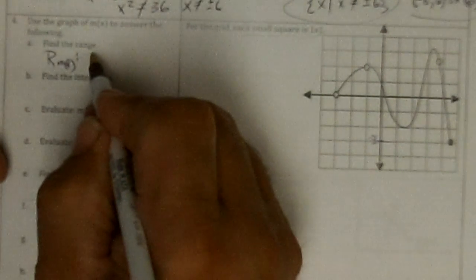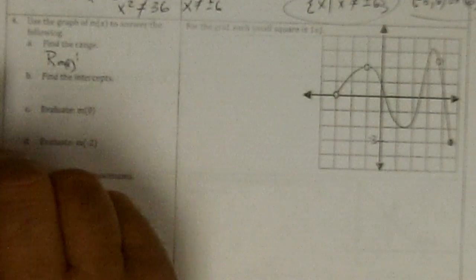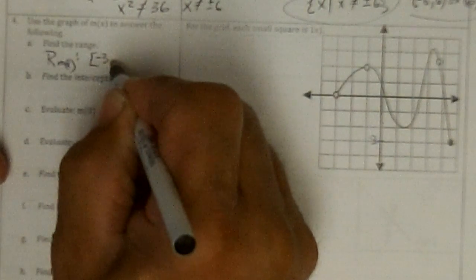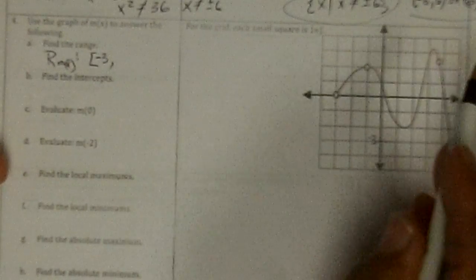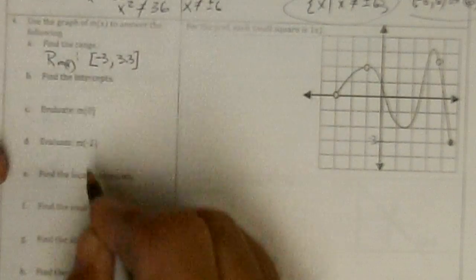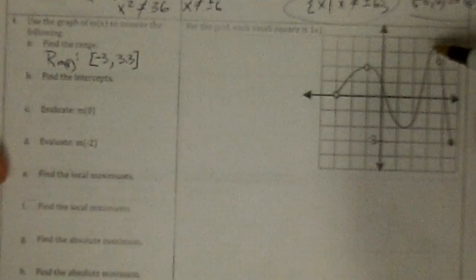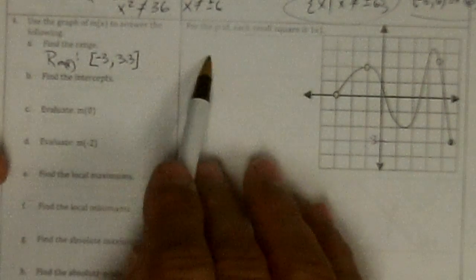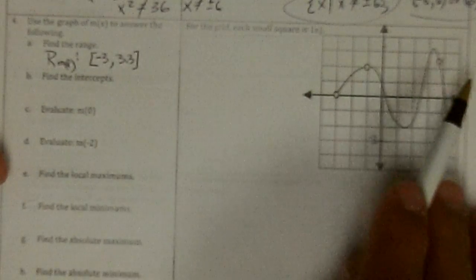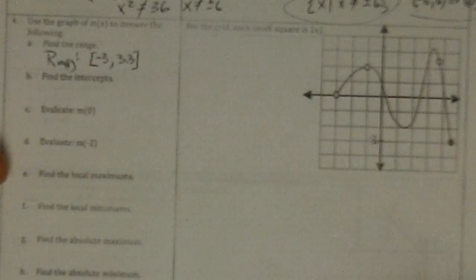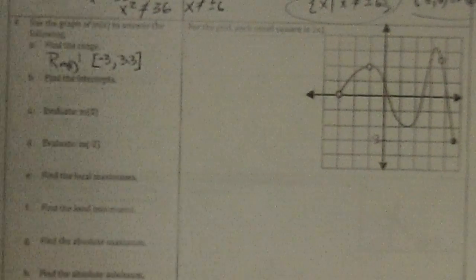So in interval notation I can say it goes from negative 3, including negative 3, up to, and I'm not really sure what that number is, I'll say it includes 3.3, but you could have an open, but it's not an open. It goes to some definite number, but I'm not sure what it is. You could say all reals between negative 3 and positive 3.3, or whatever you decided that was, 3.25 or something.